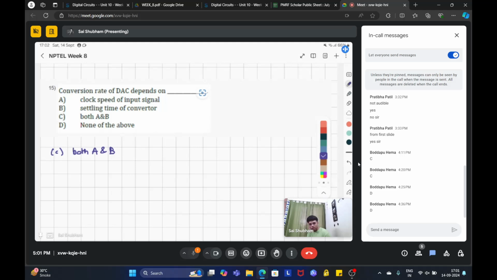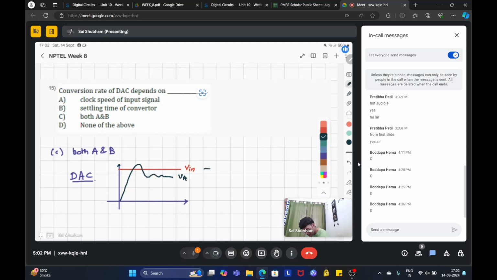The second is the settling time of a converter. When you have this DAC, digital to analog converter, it generates some VA voltage for comparison, right? Here you have your V in, and you want to generate a VA for comparison. So you generate some VA, which will actually take some time to settle at VA.